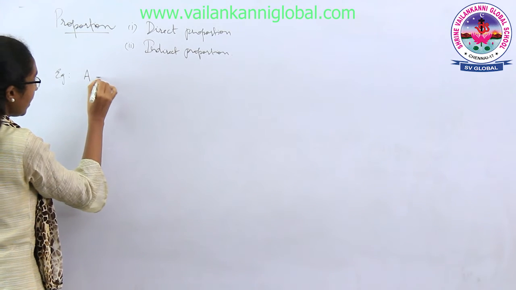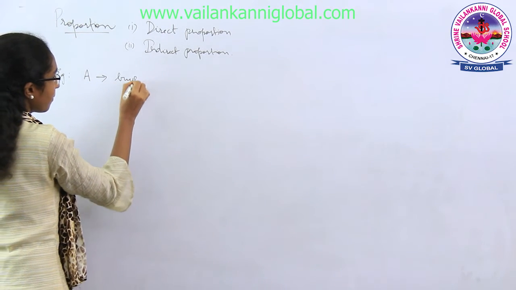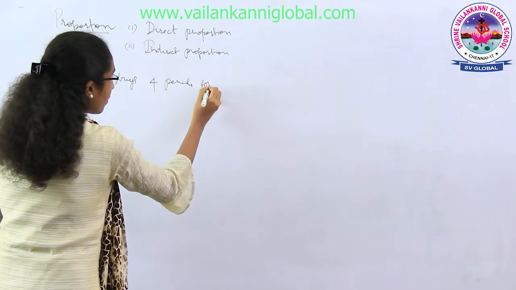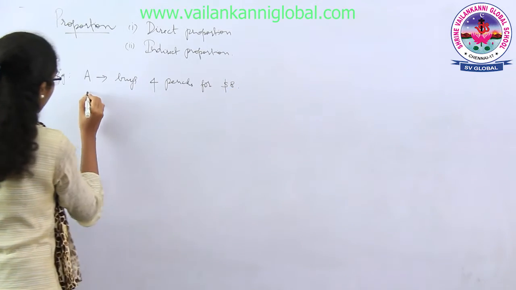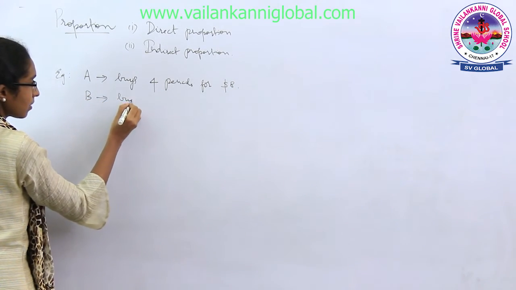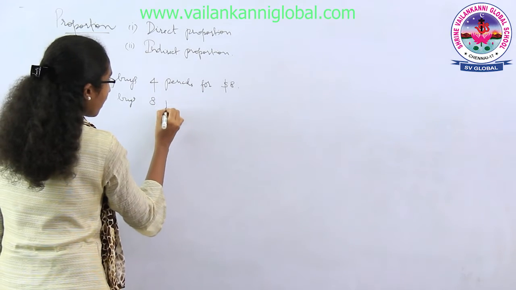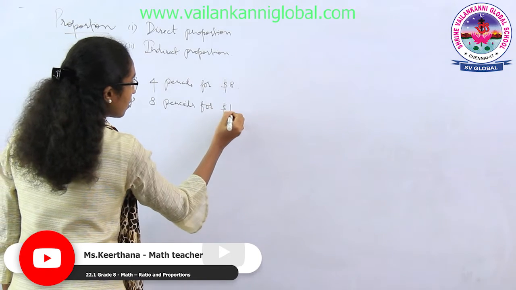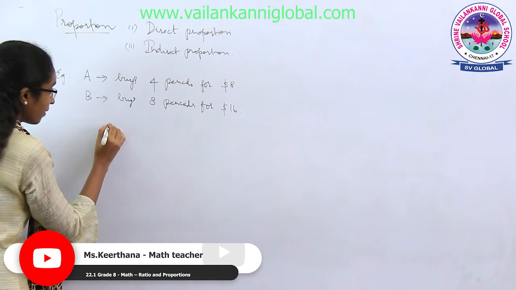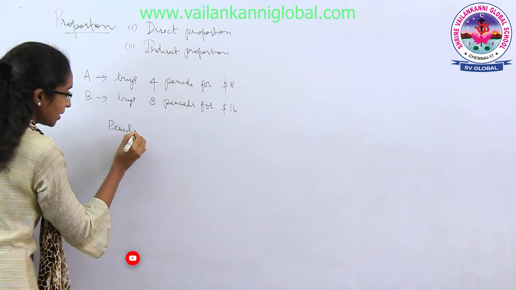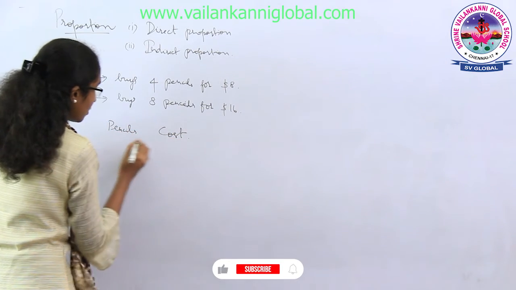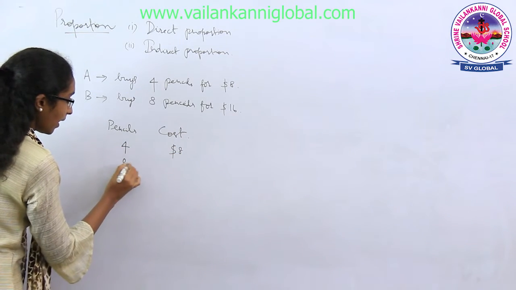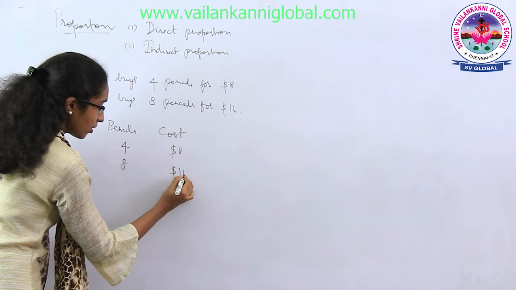Consider a person A buys 4 pencils for $8 and person B buys 8 pencils for $16. So now we can write pencils and cost. So the pencils, 4 pencils cost is $8 and 8 pencils cost is $16.